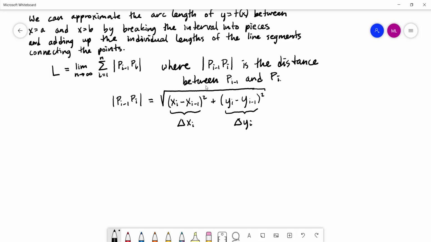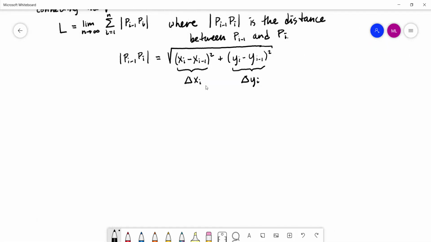And when we look at our picture, kind of zooming in on a curve, what we wind up seeing is that if this is what the curve is doing, and here is the point p_{i-1}, and over here is some point p_i, then we can basically turn this into a right triangle type picture.